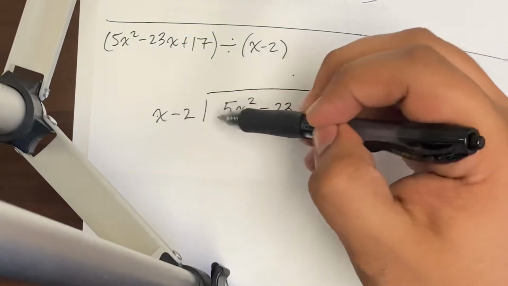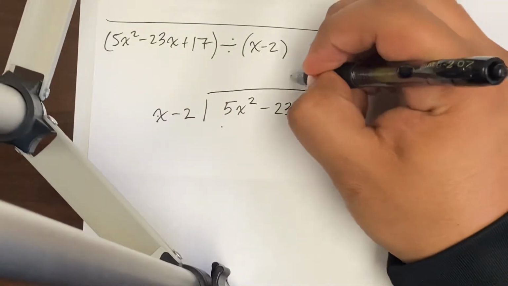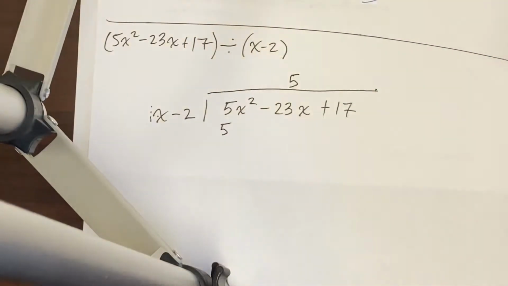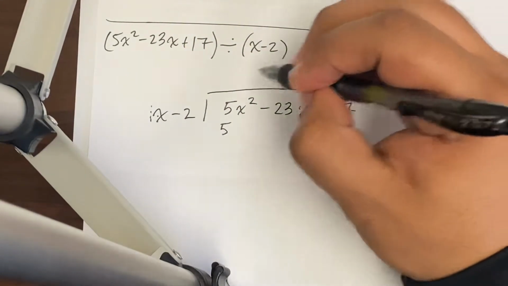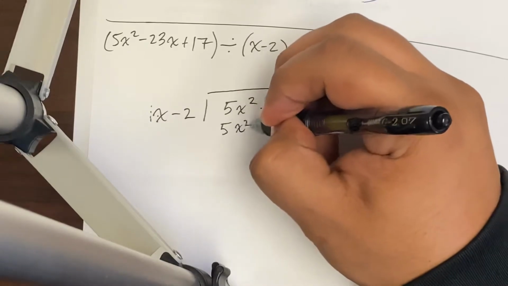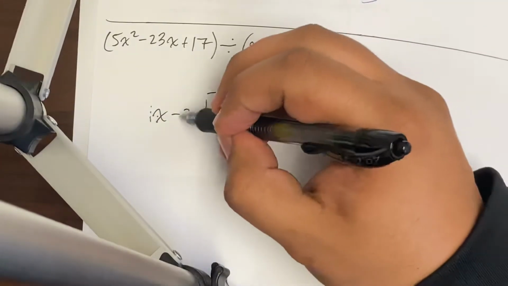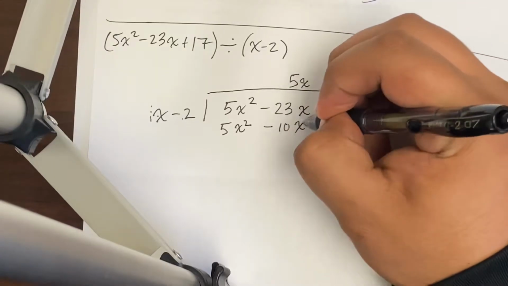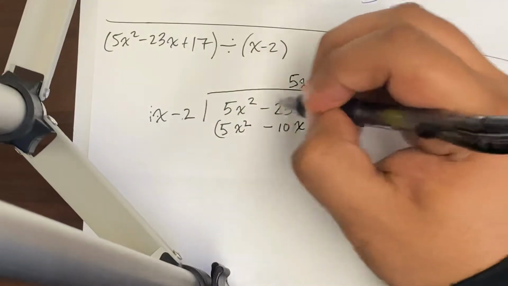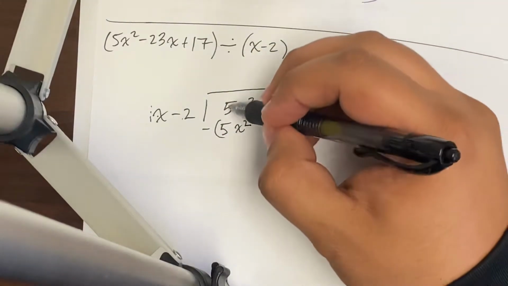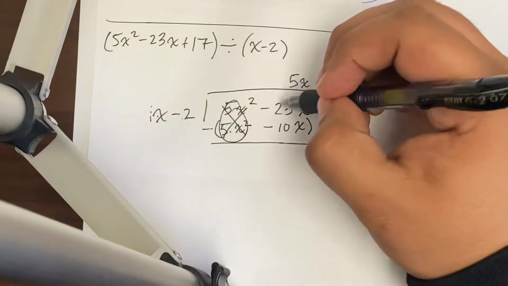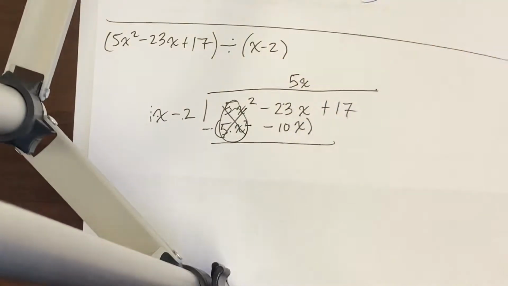Something times x gives me 5x squared. That looks like it's 5x. Don't forget that x times 5x gives me this 5x squared. 5x times negative 2 gives me negative 10x. Don't forget the x. 5x squared minus 5x squared, that's 0. Negative 23x minus negative 10x, let's check.